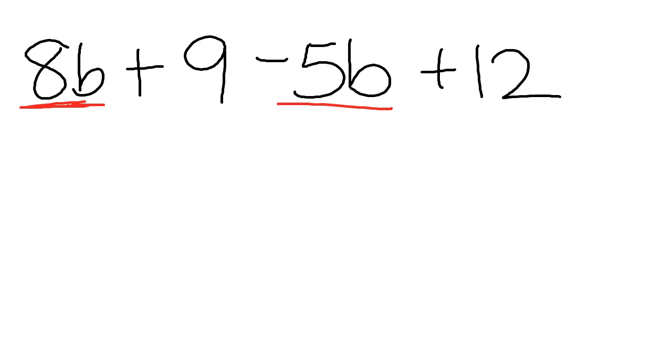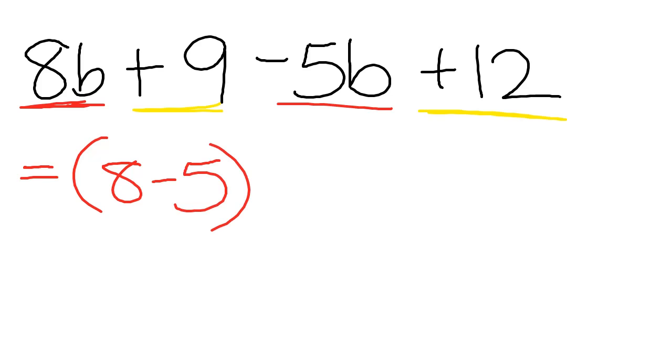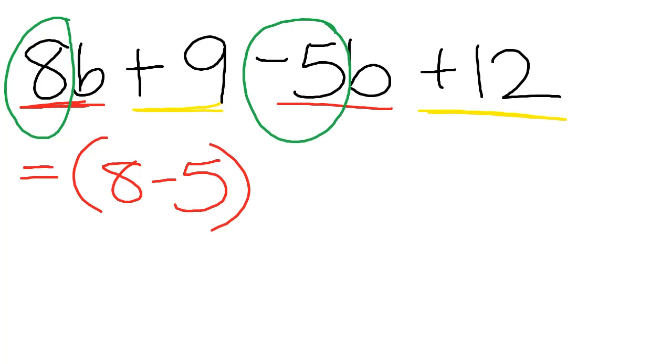And this term over here and this term over here, even though they don't have a variable, they're still like terms because they're both integers, so we can add them. So this question basically means we can add 8 and minus 5. 8 and minus 5 are both our coefficients for the same variable. So 8 and minus 5 are both being multiplied to b.